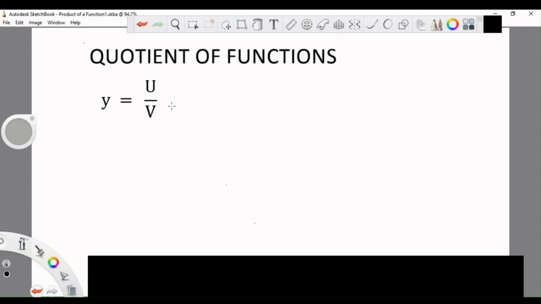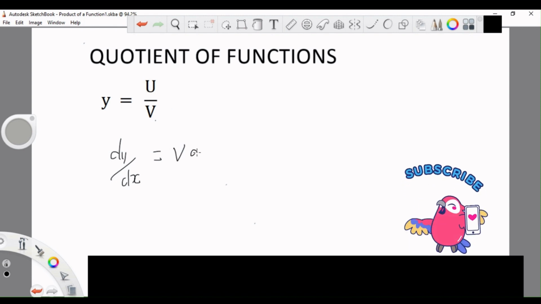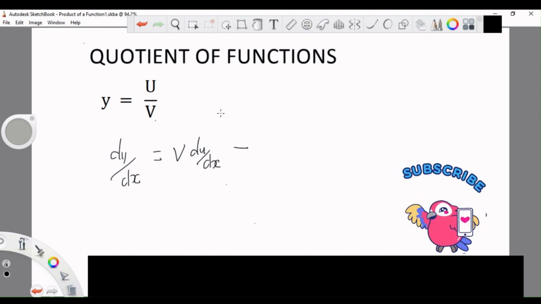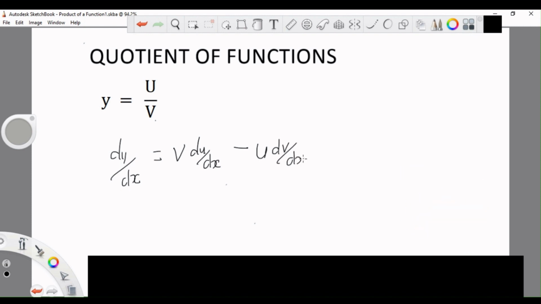If we are to differentiate this, firstly, because u and v are functions of x, dy/dx equals, we put down the bottom function, which is v, then we differentiate the numerator, which becomes du/dx, then minus, this time we put down the numerator, which is u, then we differentiate the denominator, becomes dv/dx, then we divide everything by the denominator, v squared.